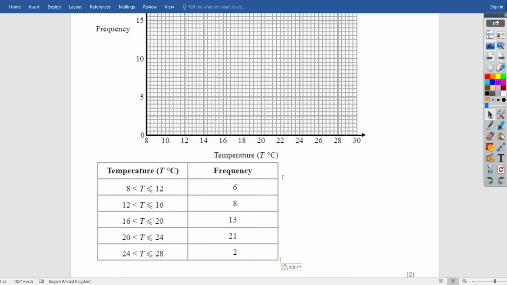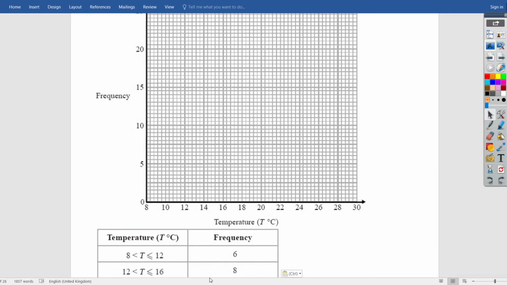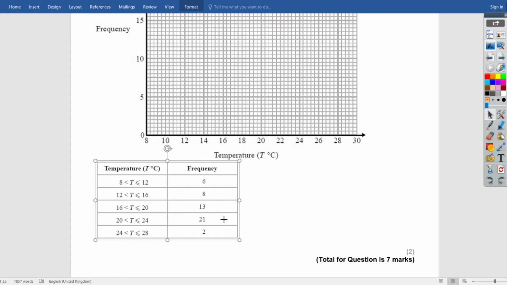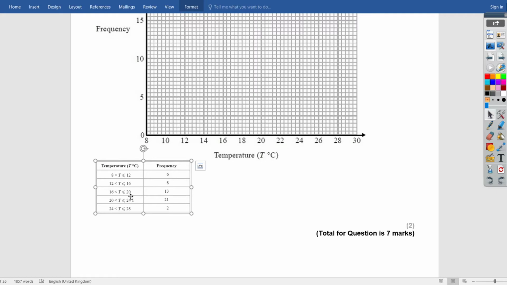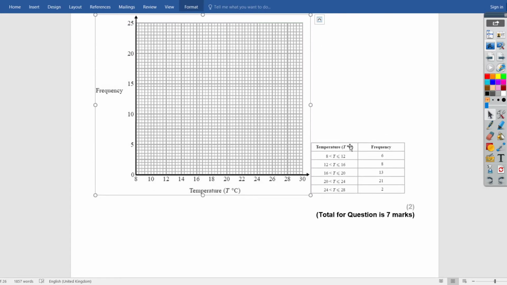Okay, I can line that up. If I can make that a bit smaller. Right, that'd be better.